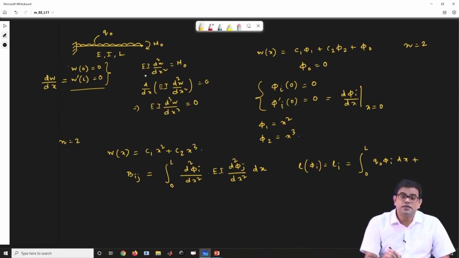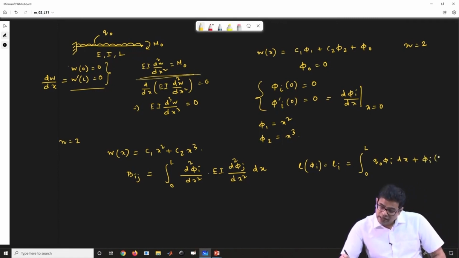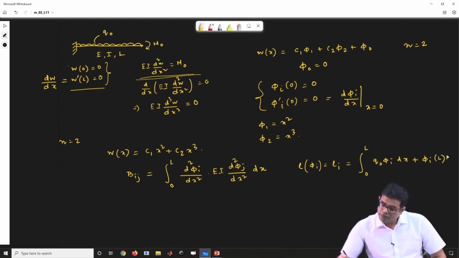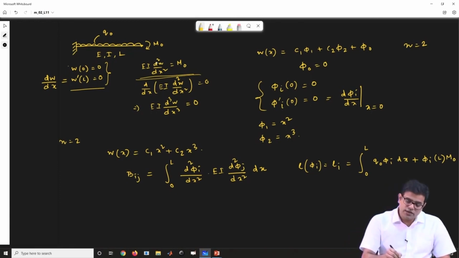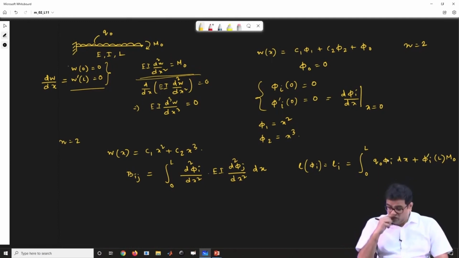Because this is a natural boundary condition that is not homogeneous, the natural boundary condition has this term. So naturally phi I of L at L, and this will be M0, right? No, phi I dash, because the weak form requires two times differentiation, so phi I dash.